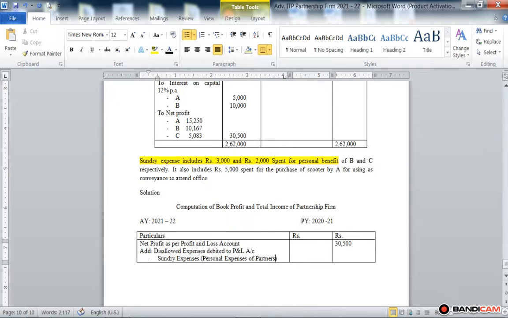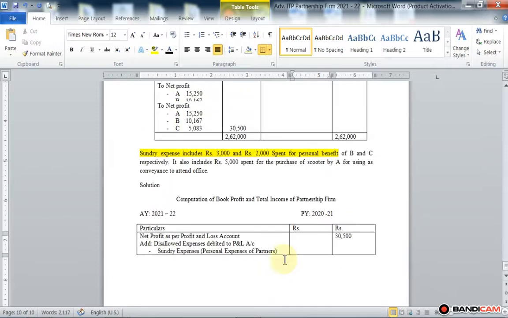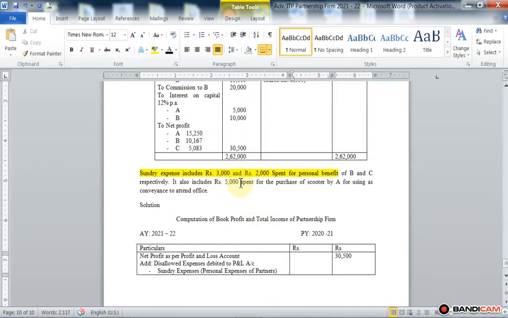So personal expenses of partner is given, that is B and C. So for B rupees 3000 and for C 2000, it means 5000 total expenses relating to the partners, 5000.